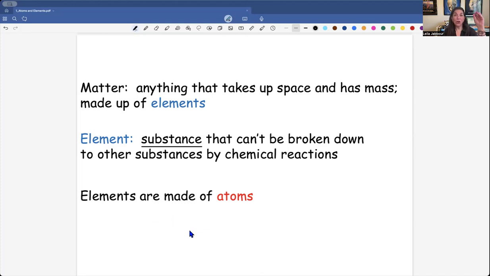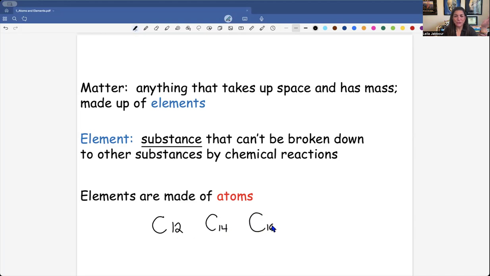If we just look at carbon, carbon is what makes up organic matter. So it's in our food, it's in our wooden table, it's really in almost everything. So carbon, we have what's called a carbon 12, and we have what's called a carbon 14, and we have other different kinds of carbon.